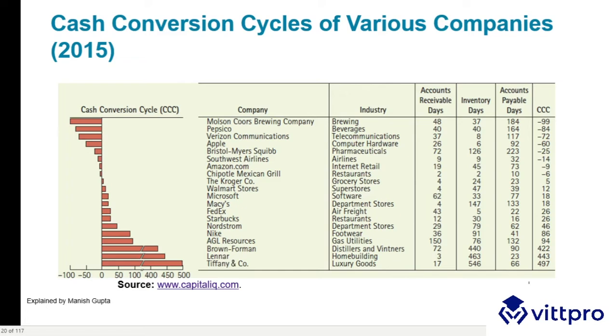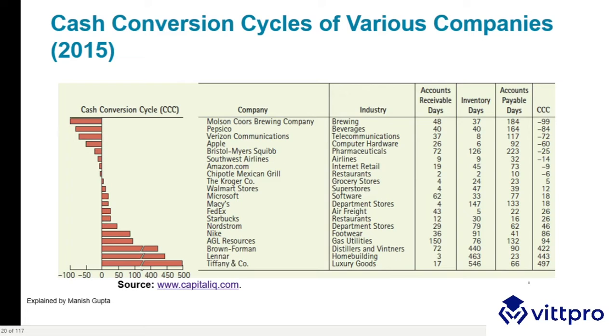Nike footwear has 90 days before one shoe is sold. It takes 90 days from the start of production to the consumer. Gas is 76 days to sell, because of the inventory they have to keep in their pipelines and storage, right? Otherwise they will be running out of gas.